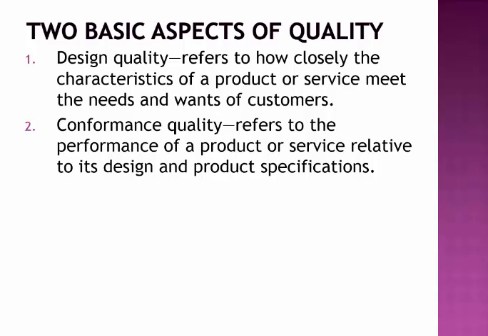On the conformance quality, does the product or service conform to or meet its design? Okay, it's designed a certain way. Is it actually conforming to that? Is it actually meeting what was specified in its design? Okay, that's conformance quality, where the design quality was from the customer's standpoint.